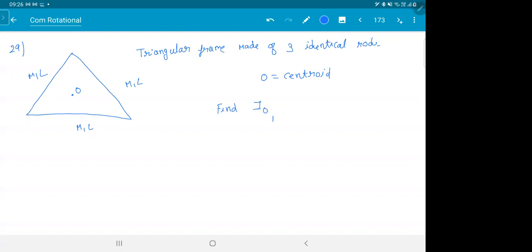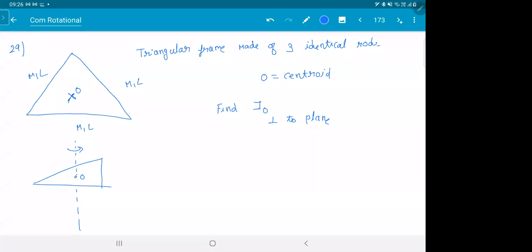Find IO perpendicular to the plane. Meaning the side view now would look like this. So this cross means into the plane. The axis is into the paper. Get this thing? It's a good one.